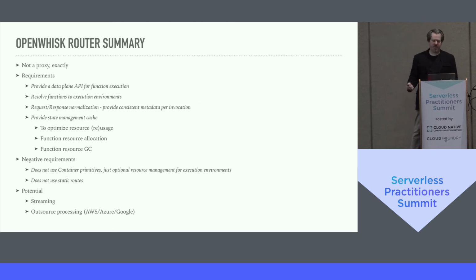Another interesting thing we can do is outsourcing burst processing. If we get up to cluster capacity, or whatever we deem is too much to manage in our cluster pool, we can either delegate to other clusters or even outside cloud providers like AWS, Azure, or Google.